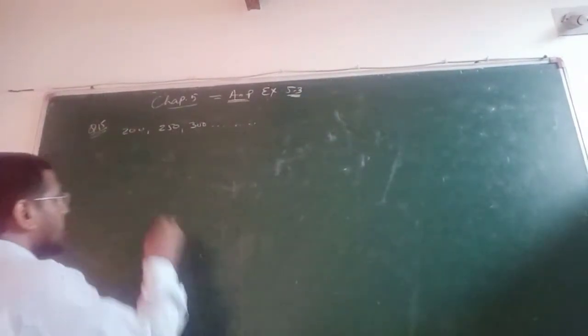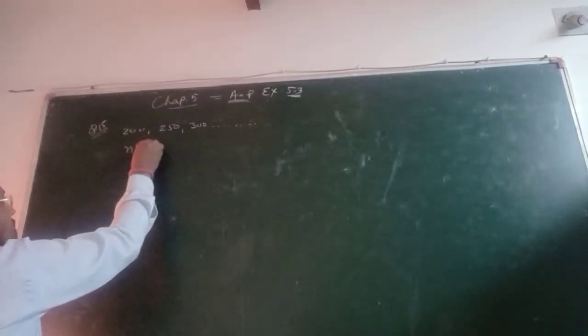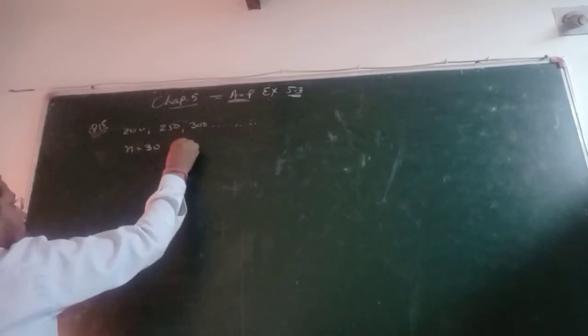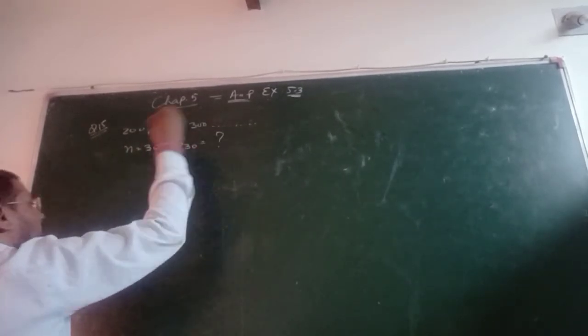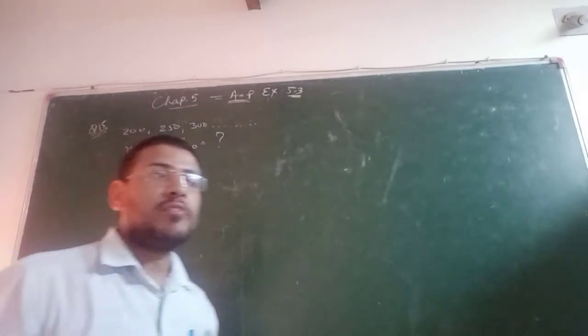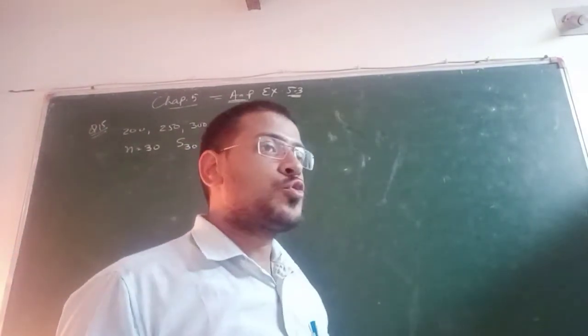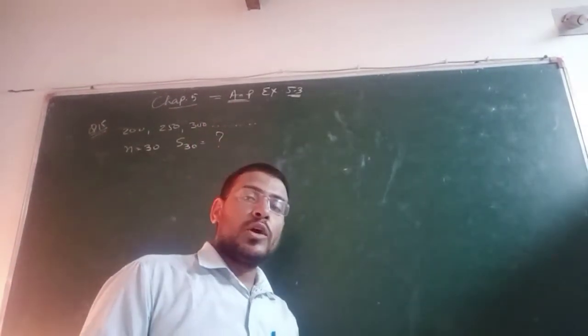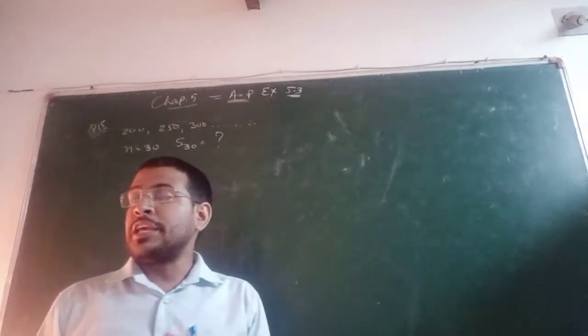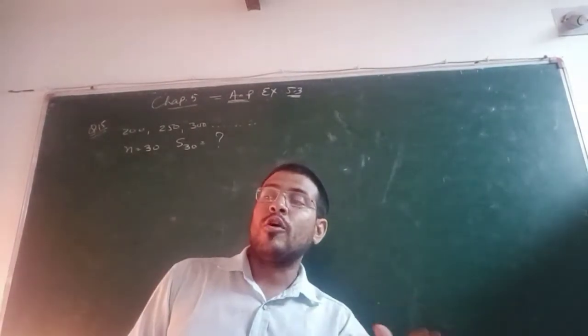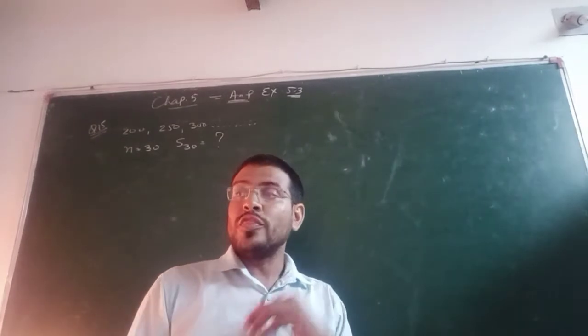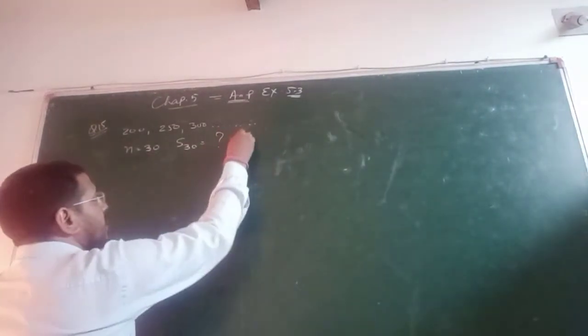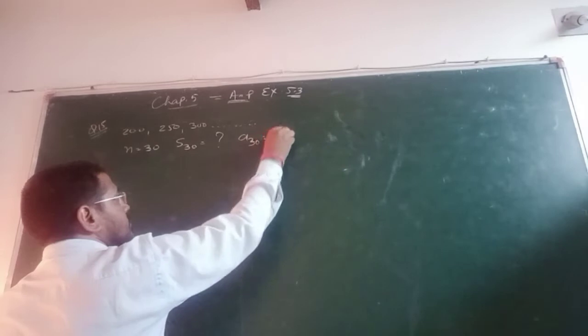So n is 30. And it says that if the contractor delays the work for a month, how much penalty will he pay? So he has to pay the total penalty. If it had been asked how much penalty is to be paid by the contractor on the 30th day, then we would find a30.